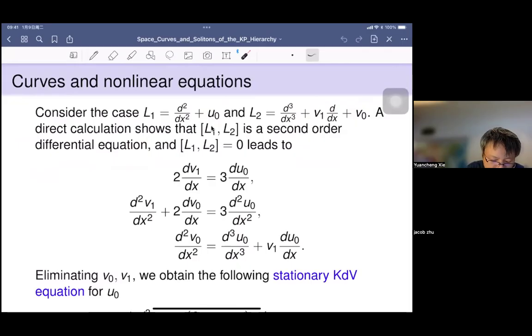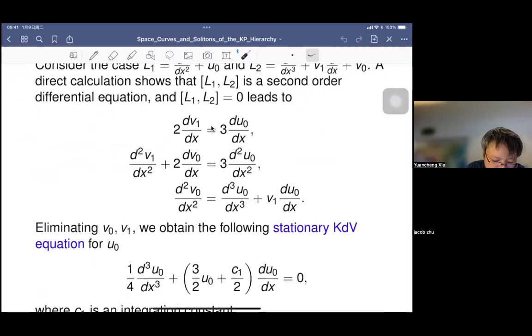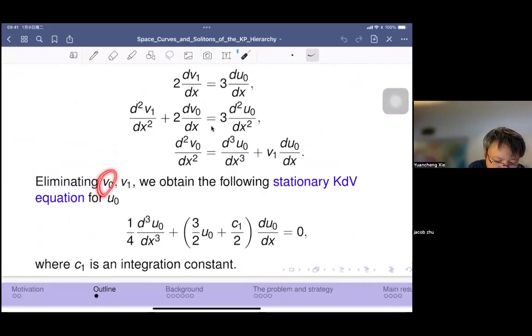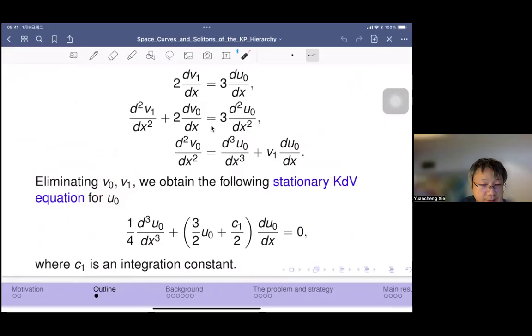So if we eliminate V0 and V1 from these three equations, we will obtain an equation for U0. If you do this calculation, you can see that it's nothing but a stationary KdV equation. So this is exactly the part that doesn't have u_t.